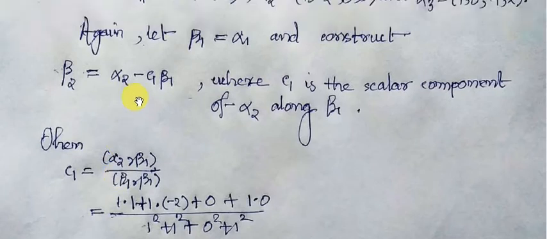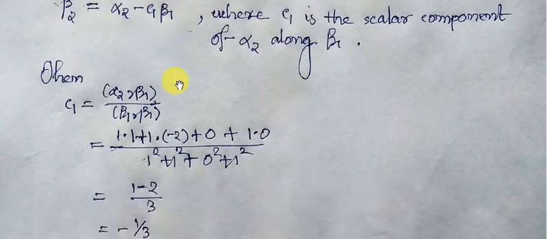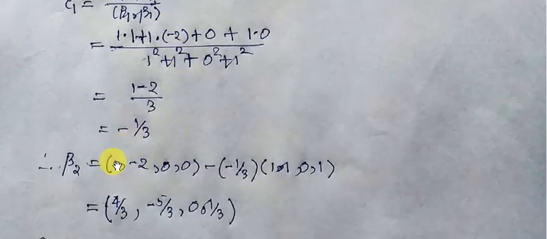Now we substitute the value of c1 in the equation beta 2 equals alpha 2 minus c1 beta 1.